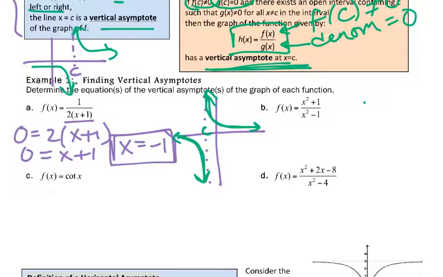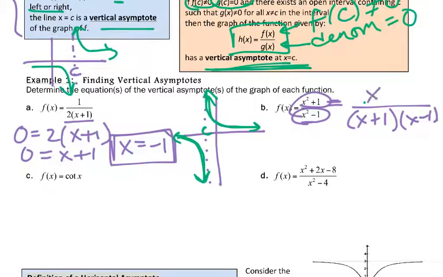Alright, in b, in order to figure out when the denominator is 0, we're going to have to factor. We should always factor when we're thinking about asymptotes. So in the denominator, this is a difference of squares pattern, x plus 1, x minus 1. In the numerator, we have the sum of squares. That's not a pattern. It's not factorable. So this has to remain x squared plus 1.